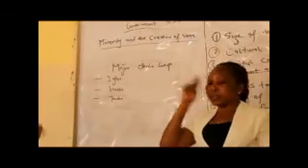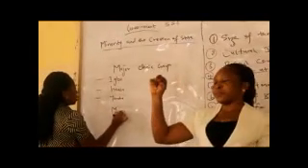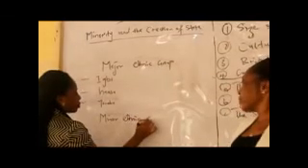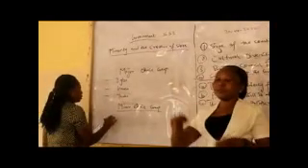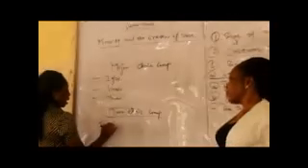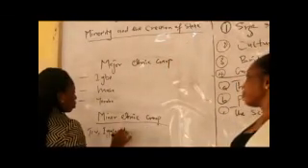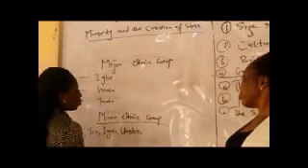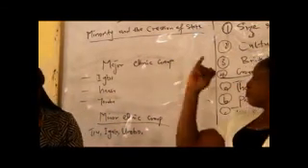And then when you're talking about the minor ethnic groups, there are so many in number. We have the Tiv. We have Igala. We have Urobo. We have Ishan.